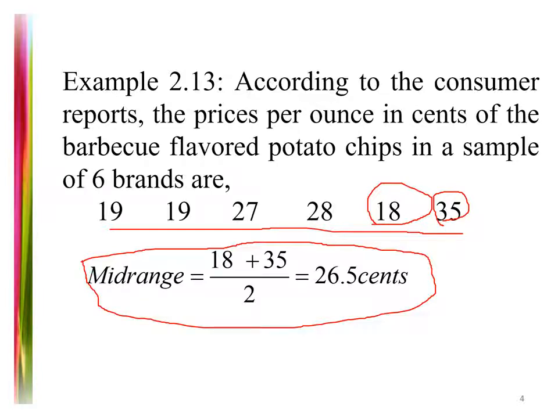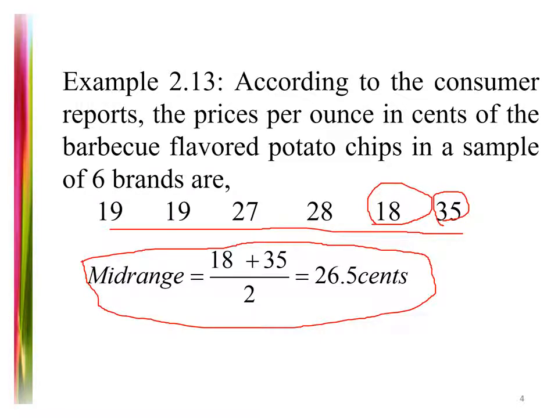For example, suppose you calculate the median value. First you have to rearrange this data in increasing order: 18, 19, 19, 27, 28, 35. In this case we have a total of 6 observations.